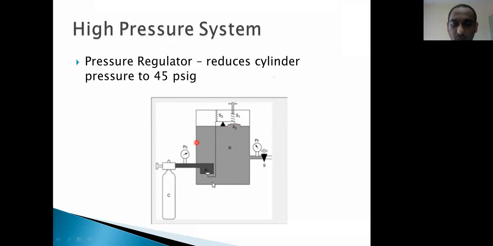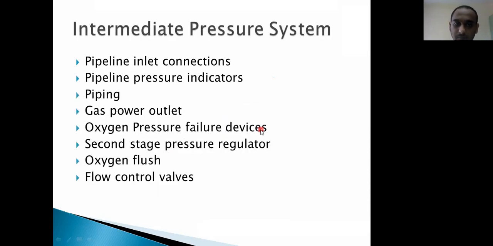So since A2 is greater than A1, the pressure here, that is the regulated pressure, will be lower than the cylinder pressure. Because this area changes, so the force acting is spread out over a larger area and hence the pressure reduces. So now from whatever variable pressure cylinder was attached, now it has been reduced to a set pressure of say around 45 to 55 pounds per square inch gauge.